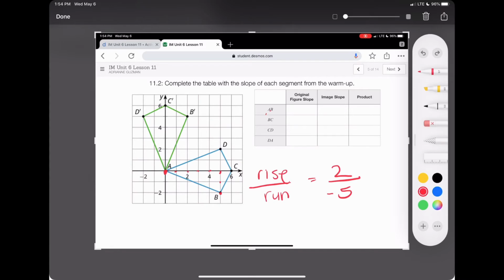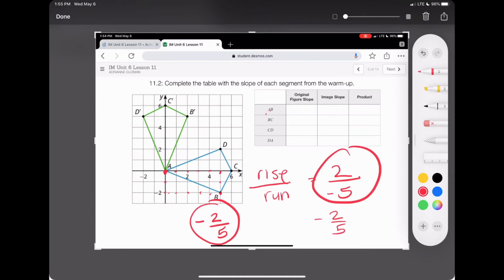What if I go from A to B, rise over run? 1, 2. But you see how I went down 2? So that means it's -2. Then I'm going to the right, 1, 2, 3, 4, 5. I'm going to the right 5. So now this is still the same answer because I can bring out this negative to the front, and it's still the same answer.